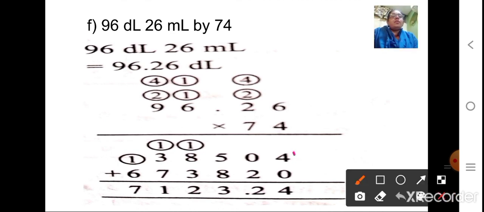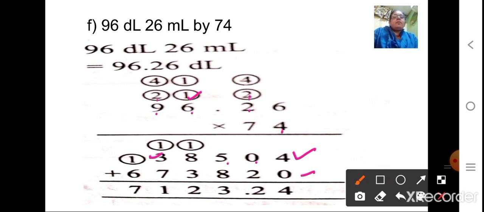Now again you can just see here, 4 6s are 24, 2 carry over here, 4 2s are 8 plus 2, 10, 1 carry over here, 4 6s are 24 plus 1, 25, 2 carry over here, 4 9s are 36 plus 2, that is 38.